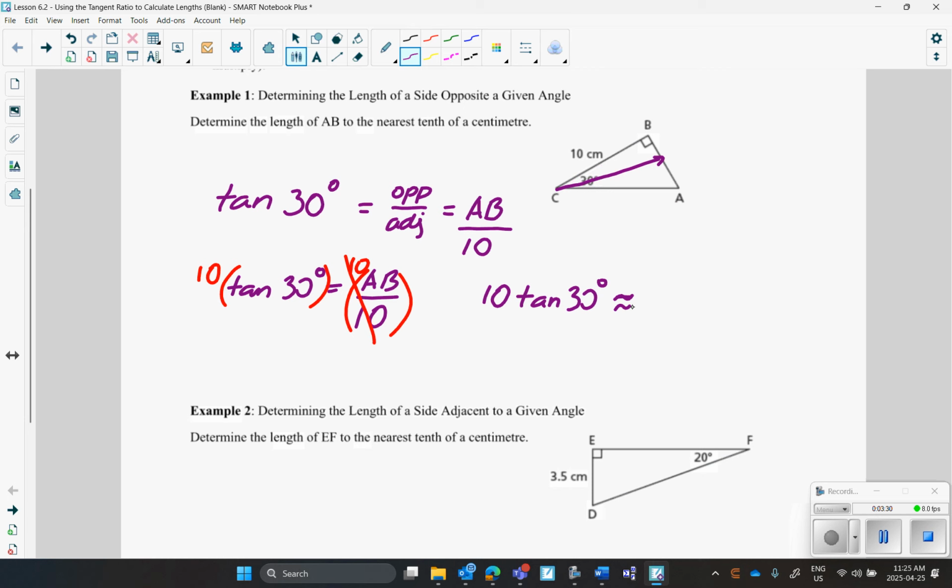So on your calculator, you would go 10 times tan 30 and round it to 1 decimal place. Anybody think they got it? 5.8? If you're not sure how we got that, make sure to ask. Okay, you should get 5.8. So that's the missing side.